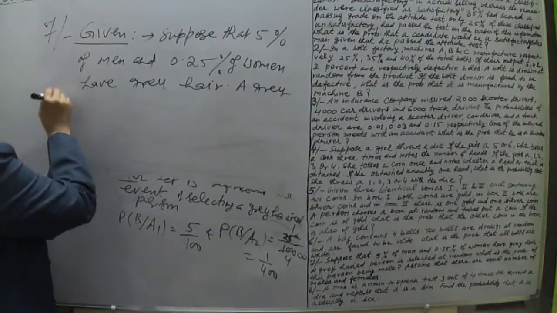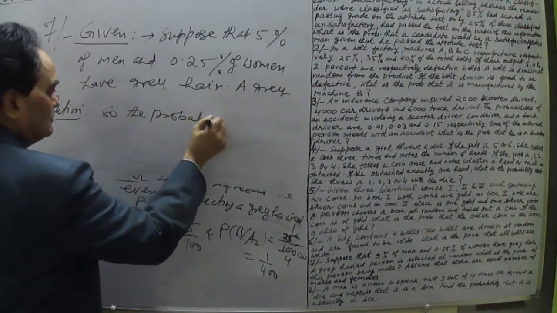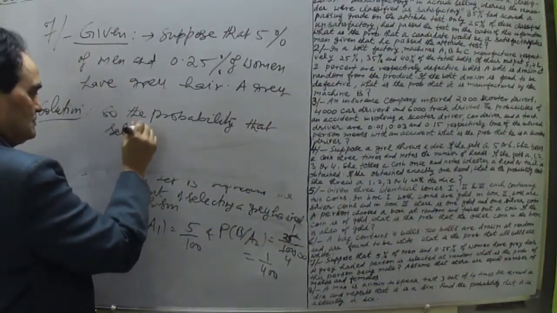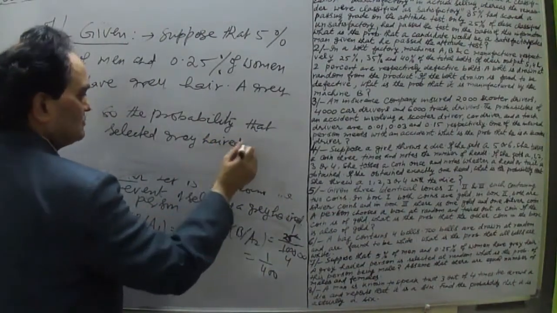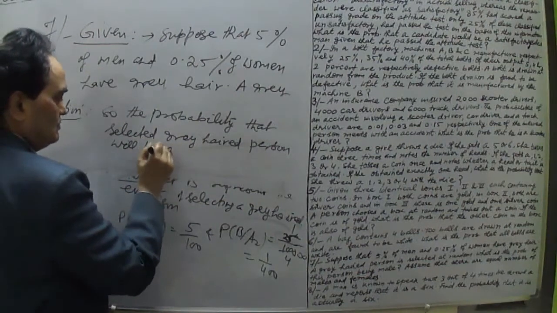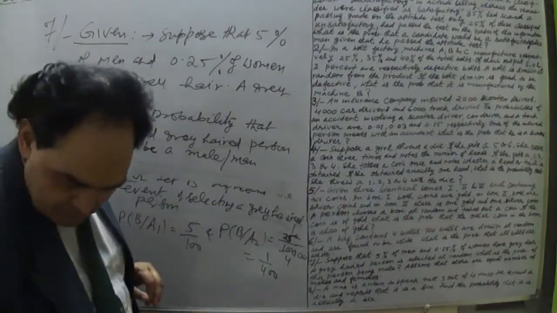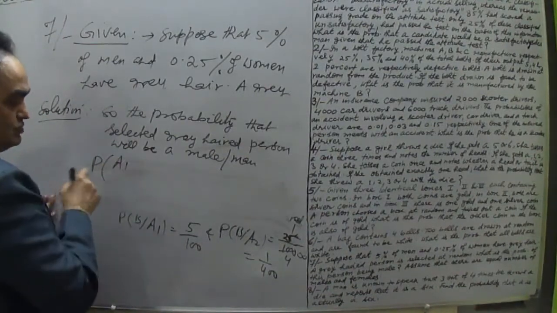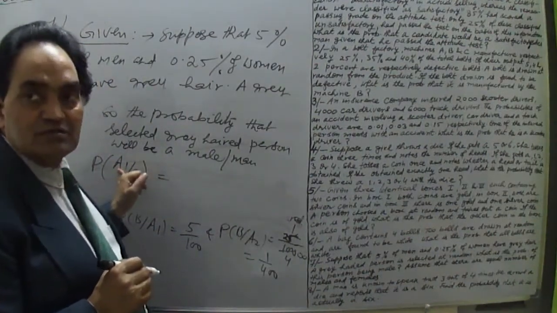By Bayes' theorem, the probability of A1 given B, so a gray haired man is being selected, is the posterior probability.